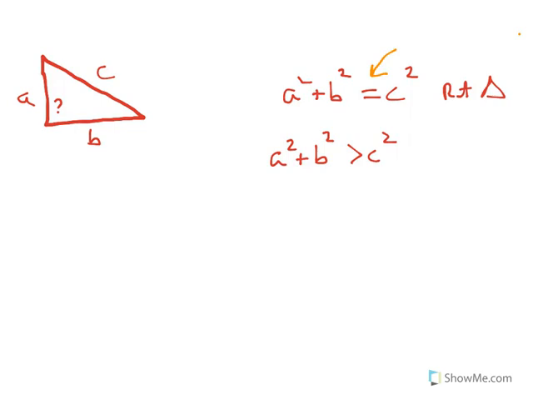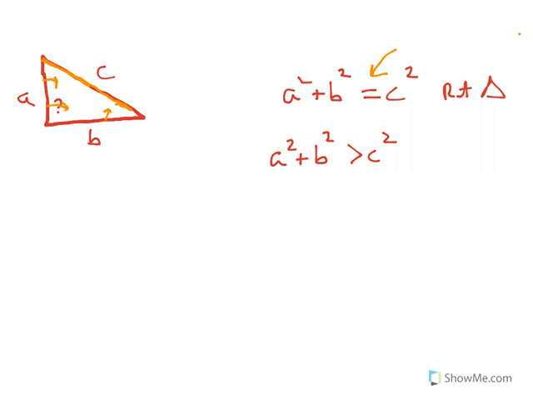So if c was too short to make a perfect right triangle, then these sides need to fold in or bend in a little bit in order to make c fit.